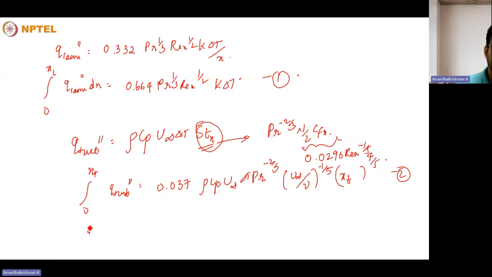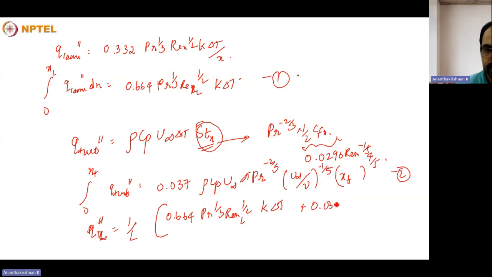the average value. Therefore, the heat flux over the length L will be equal to 1 by L of the sum of these two terms: 0.332 Prandtl number raised to 1 by 3, square root of Reynolds number at XL, K delta T, plus 0.037 rho Cp U infinity delta T Prandtl number raised to minus 2 by 3 (U infinity divided by nu) raised to minus 1 by 5, X turbulent raised to 4 by 5.